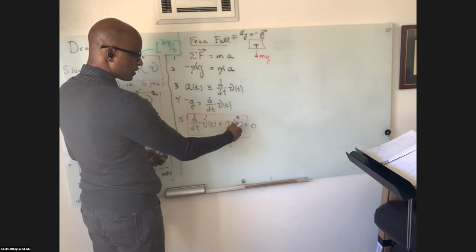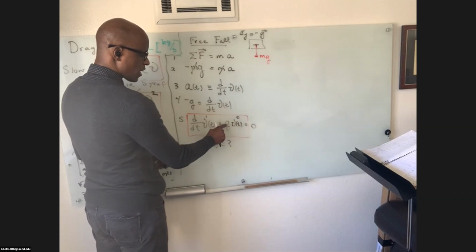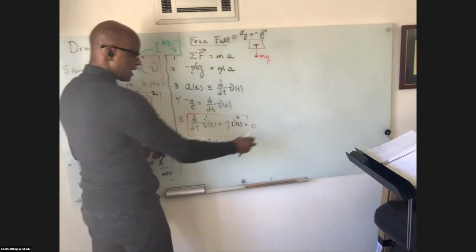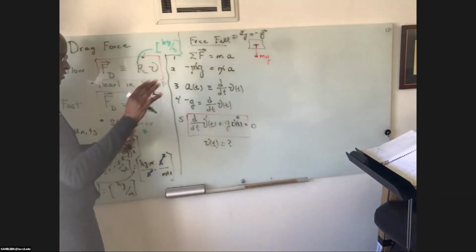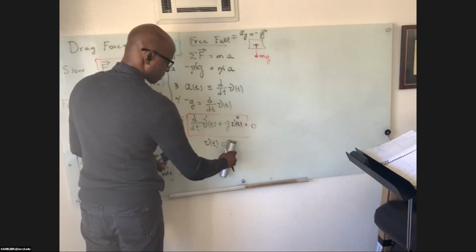Anything to the 0 is 1, so technically this quantity shouldn't be on the other side. Once you have all the derivatives set up like that, if there's anything over here, it means it's a non-homogeneous equation. You can go back and review all those definitions, but this is that.